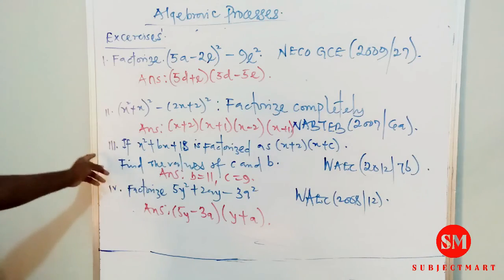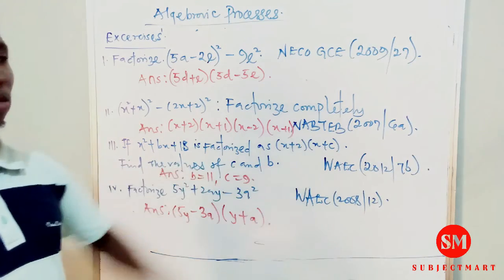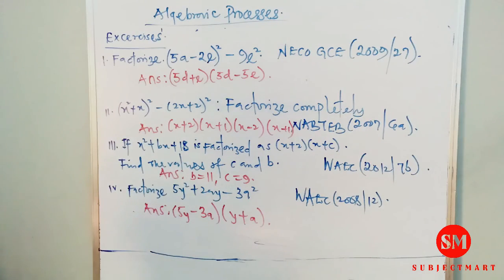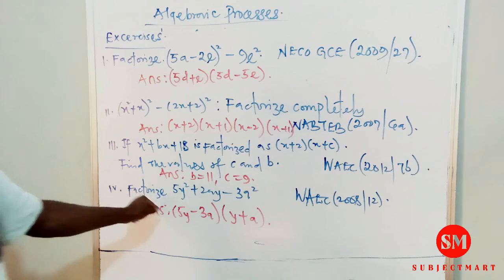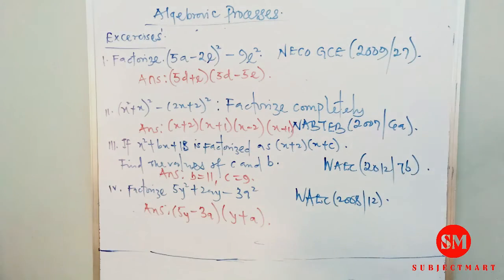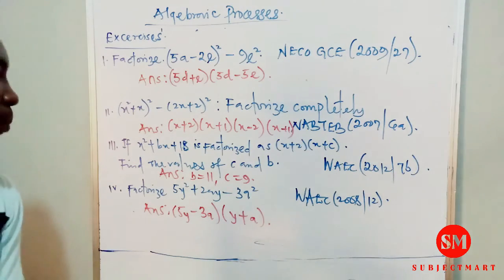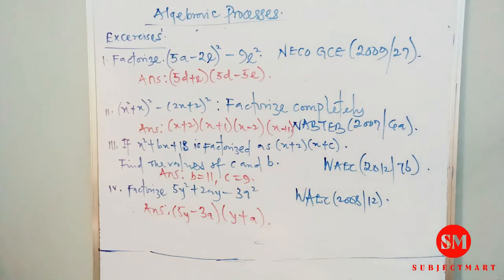We have this particular number 3 here, which is a WAEC question, 2012, a theory question, question 7b. And finally, we have the final question, which is a question from WAEC past question, 2008, question number 12. And we have its answer, which says factorize 5y squared plus 2ay minus 3a squared. So, try as much as you can to practice as many questions as you can.